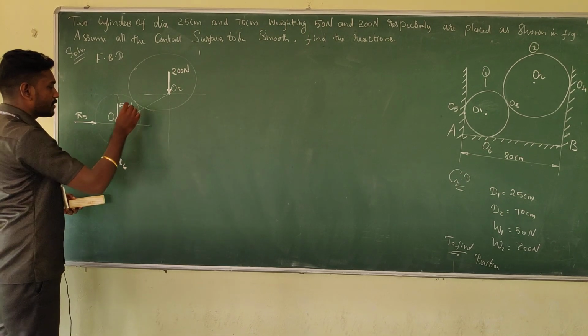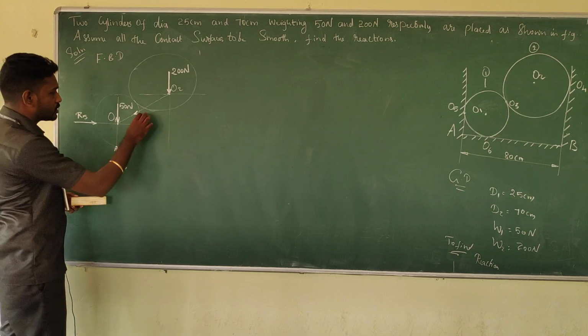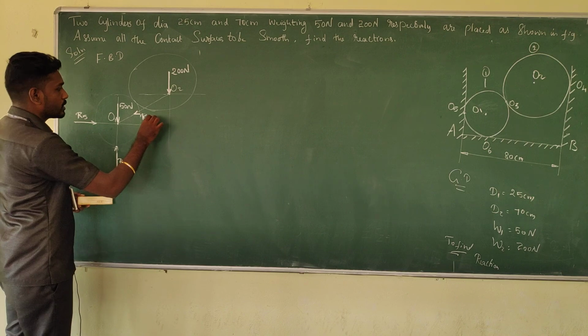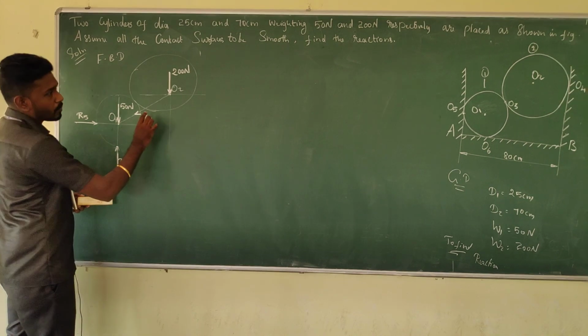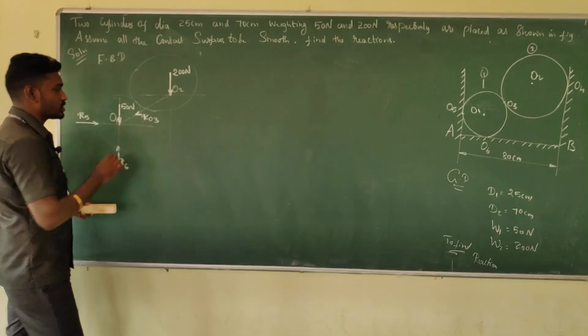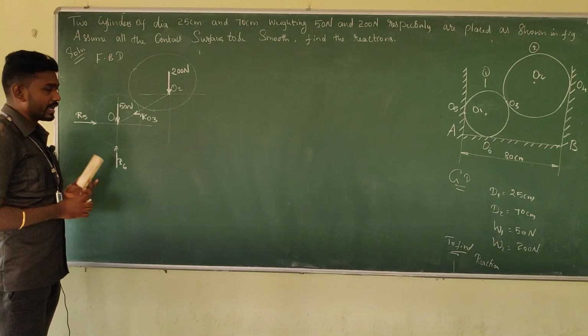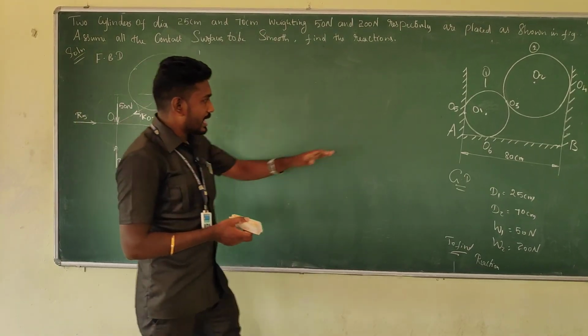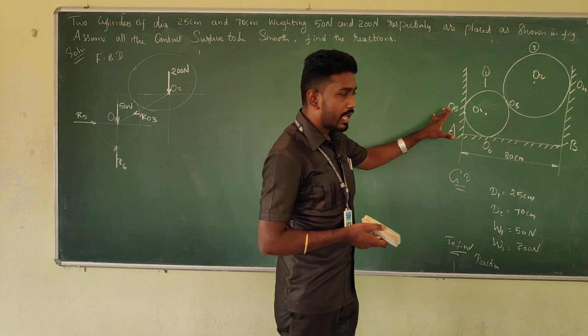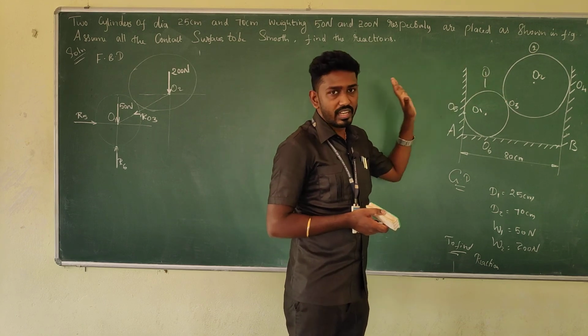Always the reaction force is inwards, so I am going to mark this as RO3, which is coming inward. So the reaction force for the first cylinder we have almost taken, and we move to the next cylinder.